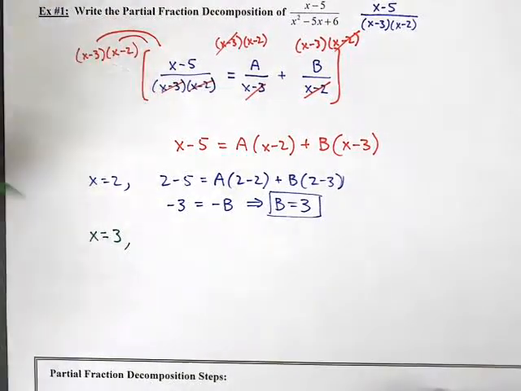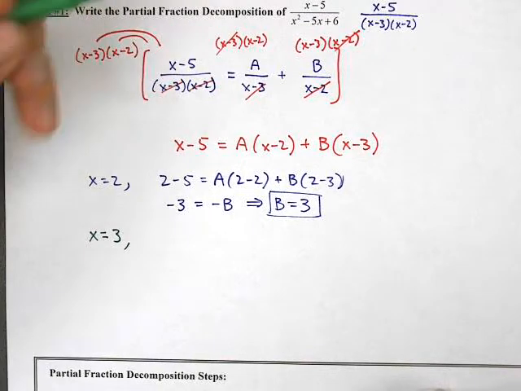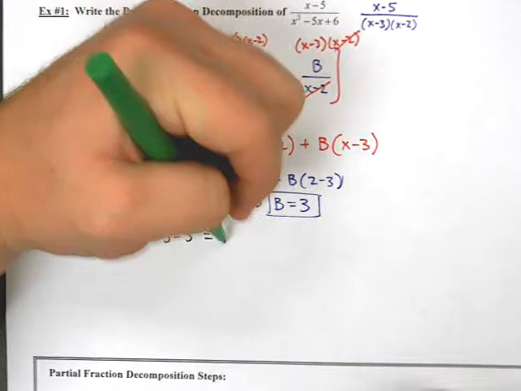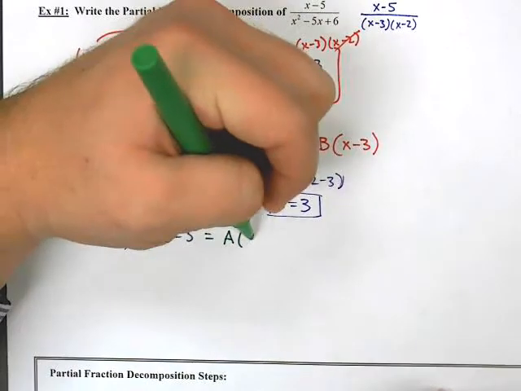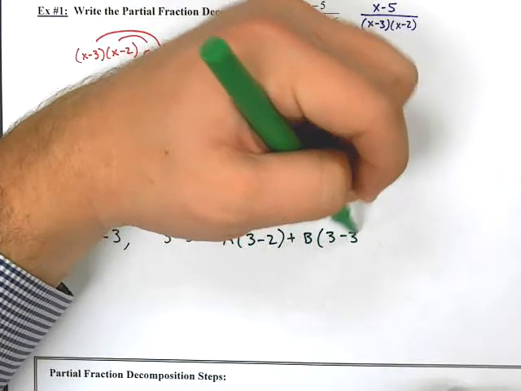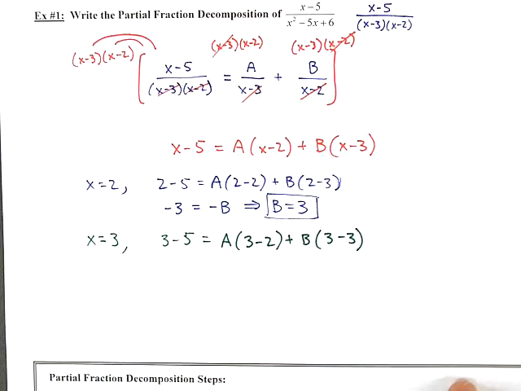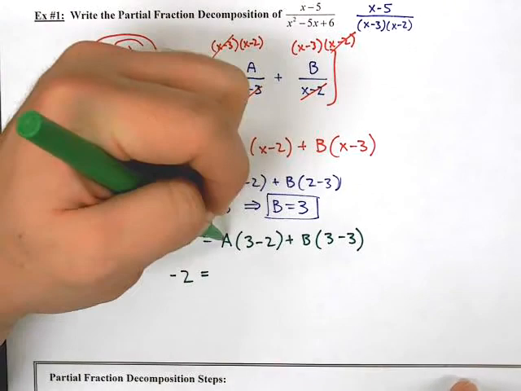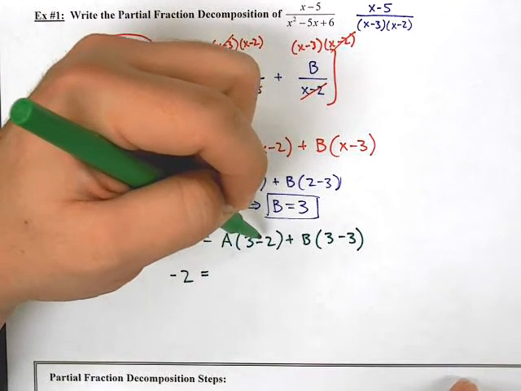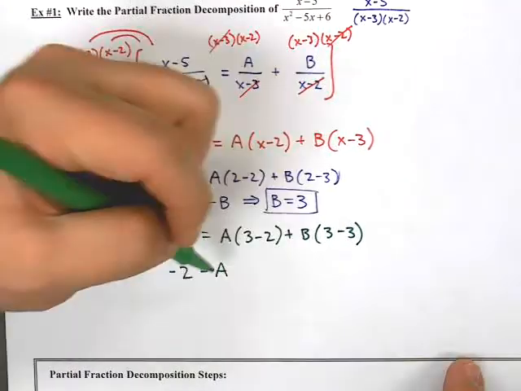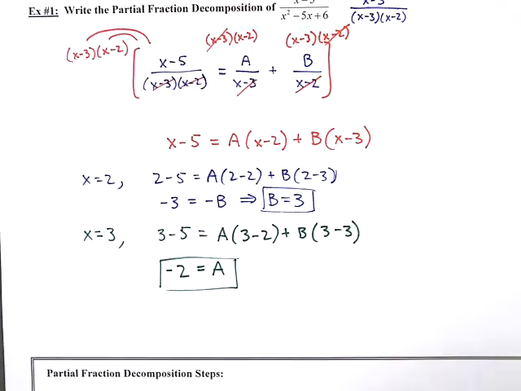If x equals 3, then I'm going to have 3 minus 5 equals a times 3 minus 2, plus b times 3 minus 3. As I do this, I get negative 2 equals a, since 3 minus 2 is 1, and this other piece is going away, so we don't have to do any other work. We're done with that piece.